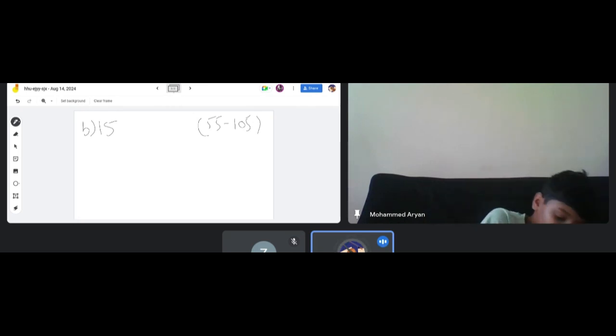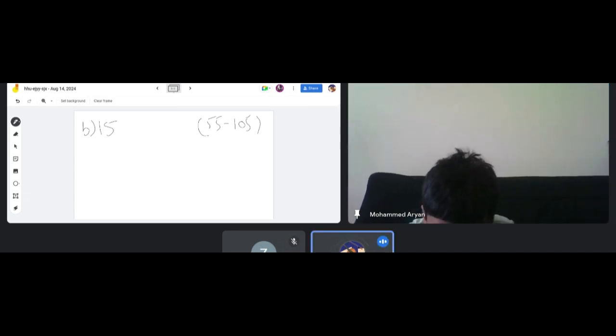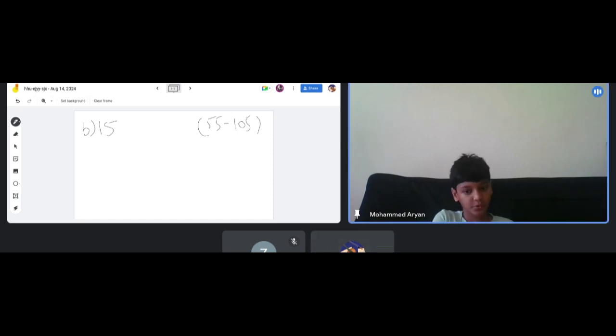So the 15 starts from 15. It says that you have to write the table of 15. Can you write the table of 15 at the side of the copy one by one till you get the answer 105 or less than 105? What are the answers to 15 fours? They are 60.